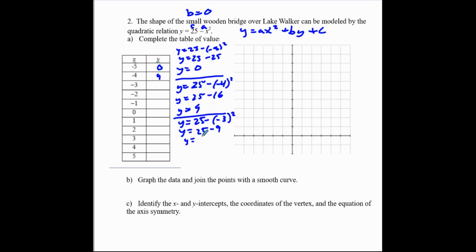Y equals 16. Okay, keep going. Now y equals 25 minus negative 2 squared. Negative 2 squared is 4. Positive 4 with a negative makes it negative 4. Y equals 21.